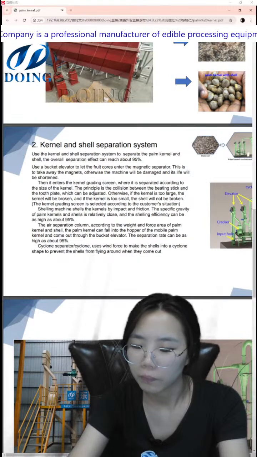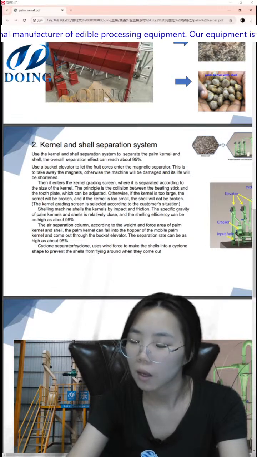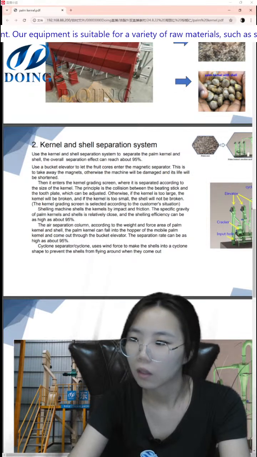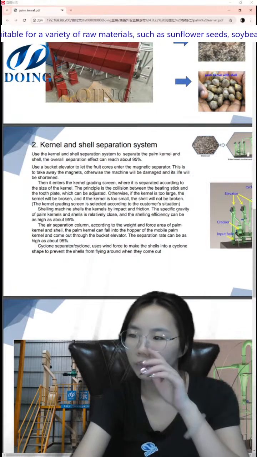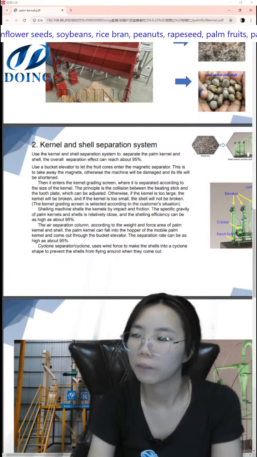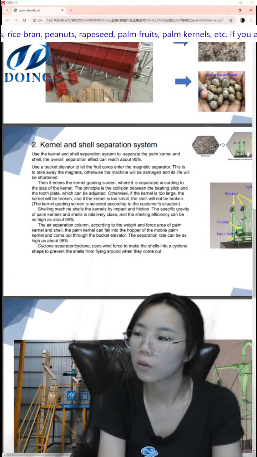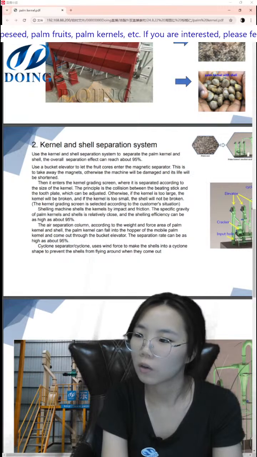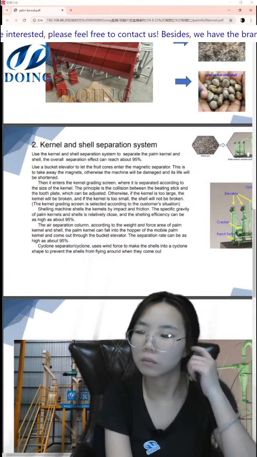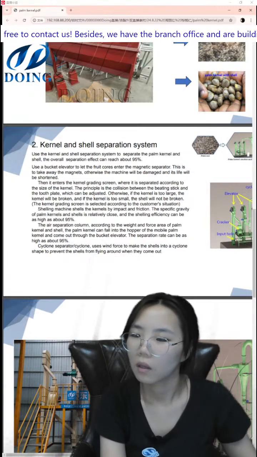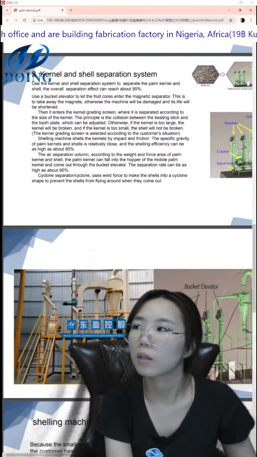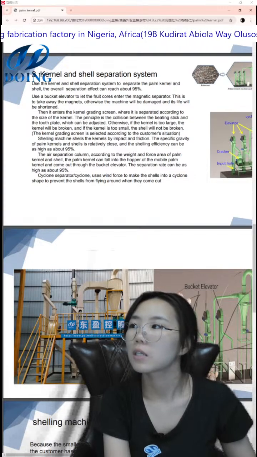The shell separator is also called a cyclone. It uses a wind force to make the shell into a spiral shape to prevent the shell from flying around when they come out. And we can see these photos. This photo is the kernel and shell separation system.